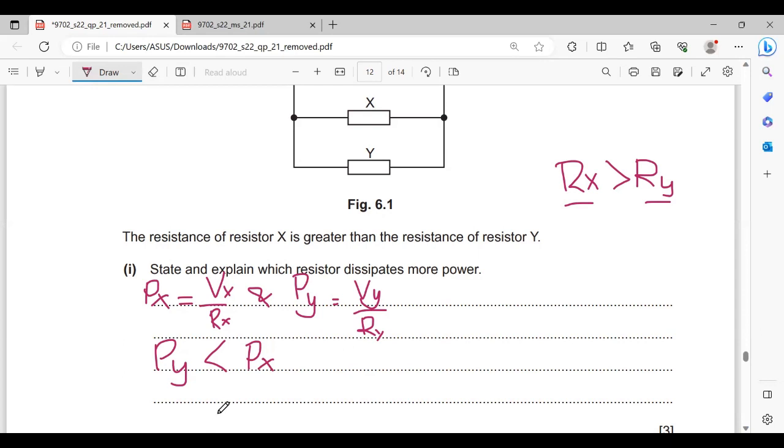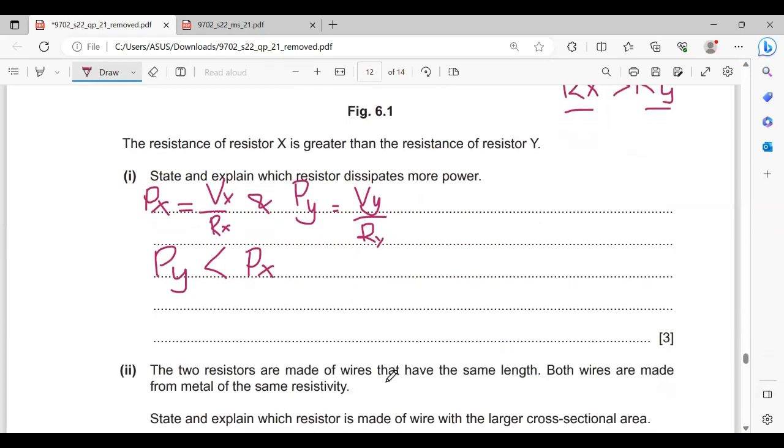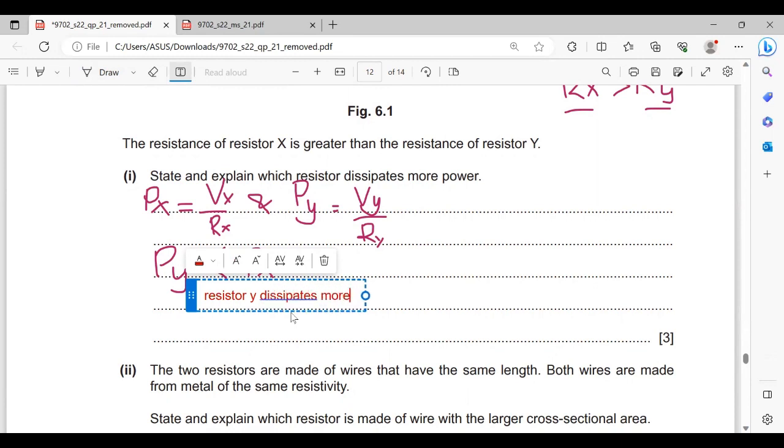So the conclusion: resistor Y dissipates more power than resistor X. Why? Because of the denominator.